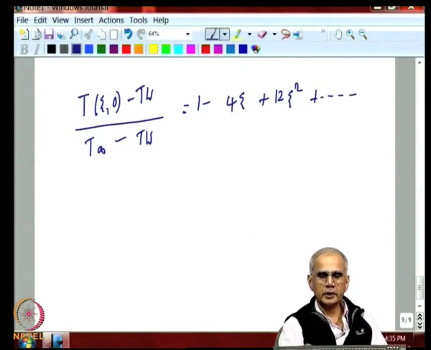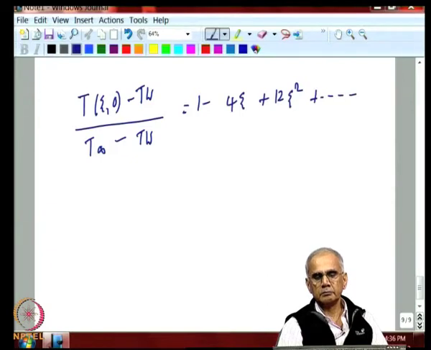Now, what this is saying is that at psi equals 0 it is 1, which is the requirement of the problem, and as psi increases the temperature will decrease. But notice that this is strictly valid only for small psi.